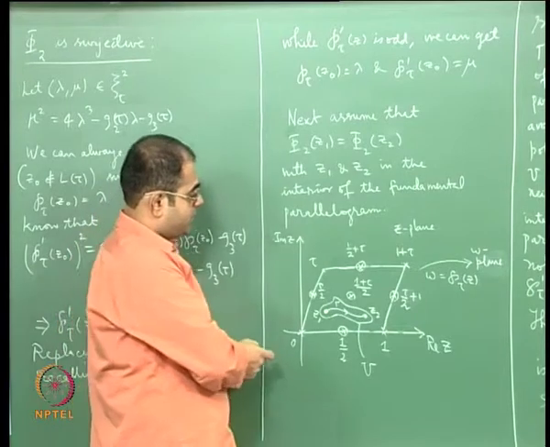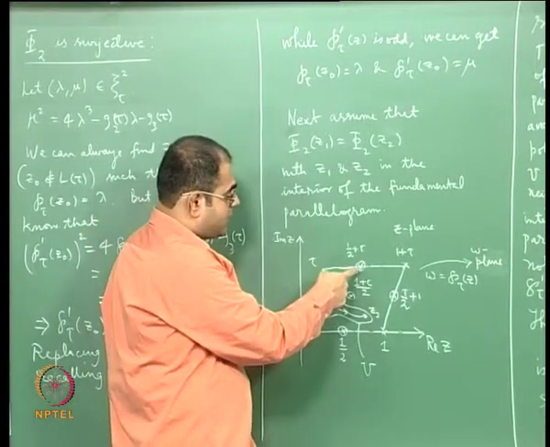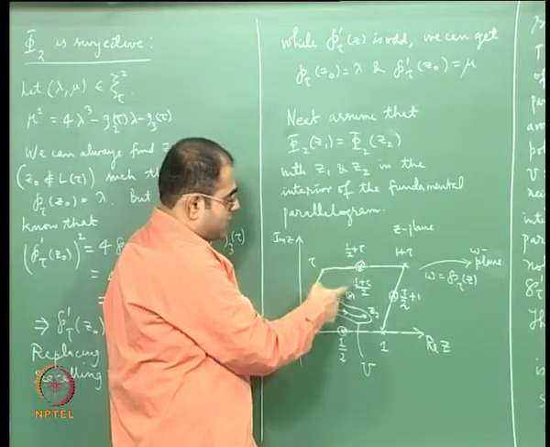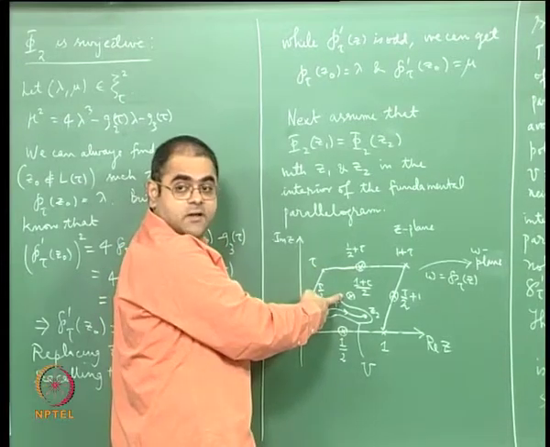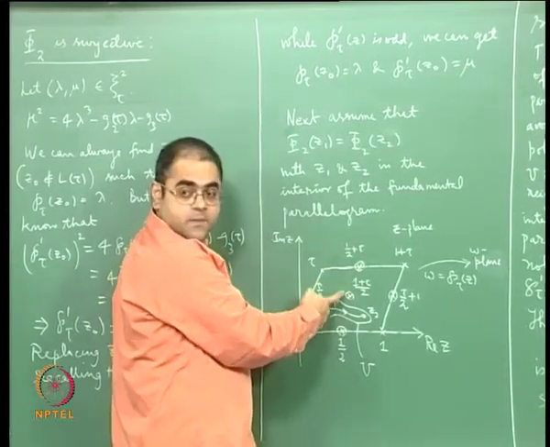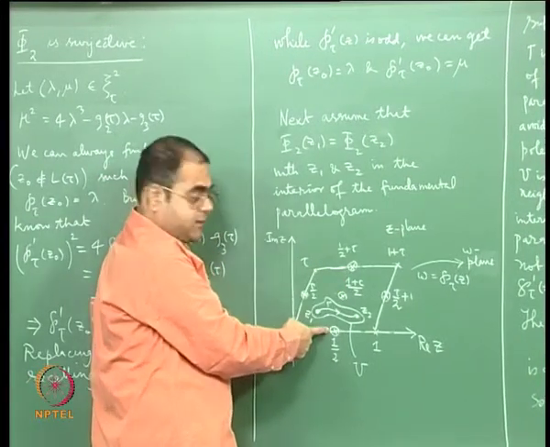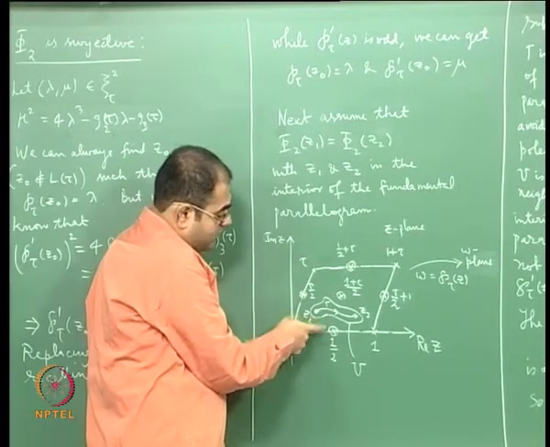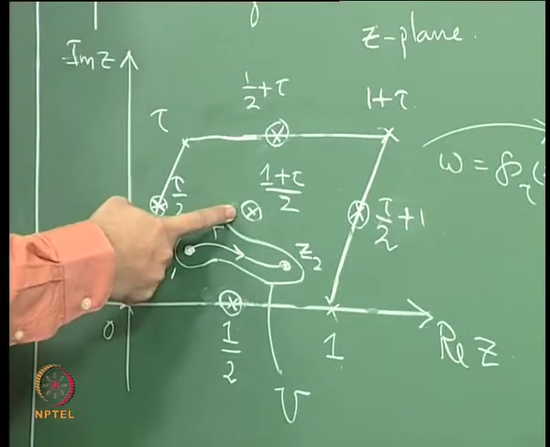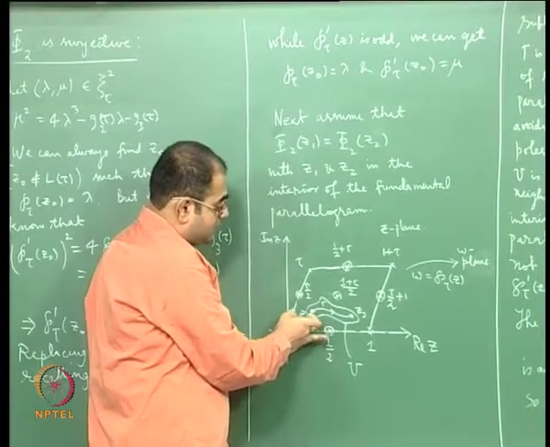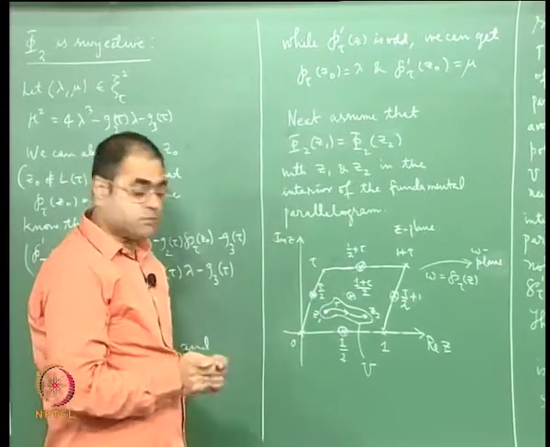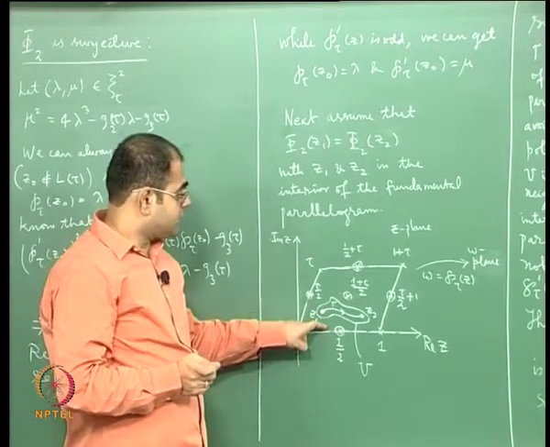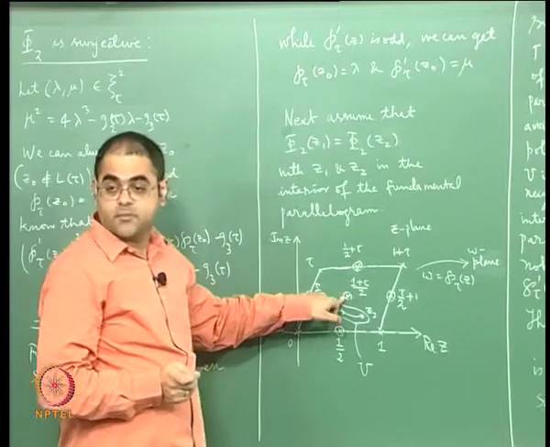So if for example z2 was this, then the fact that the phi value at z2 is equal to the phi value at z1 will tell you that the phi values are the same here and here, but the phi value here is actually E1 and the phi value here is E3, and that will say that E1 is equal to E3, which is not possible. So because of the distinctness of the Ei's, it will follow that z2 will also have to be (1 plus tau) by 2 in this case.